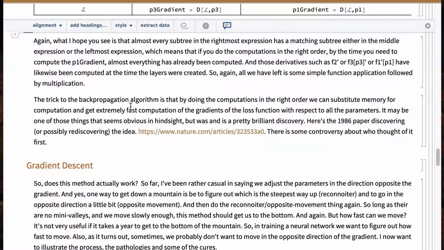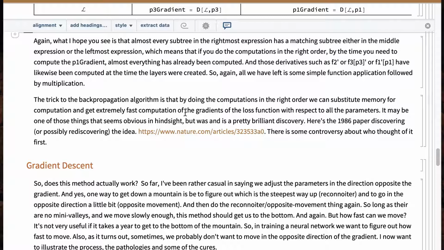And so the trick to the backpropagation algorithm is by doing the computations in the right order, we can substitute memory for computation and get extremely fast computation of the gradients of the loss function with respect to all the parameters. And while that might seem like one of those things that's obvious in hindsight, it wasn't so obvious in front of you.